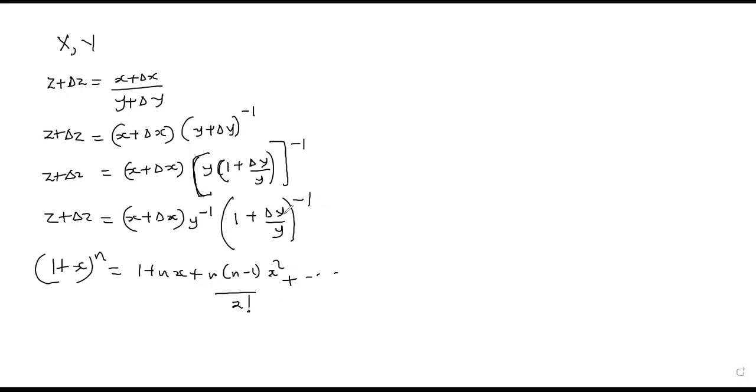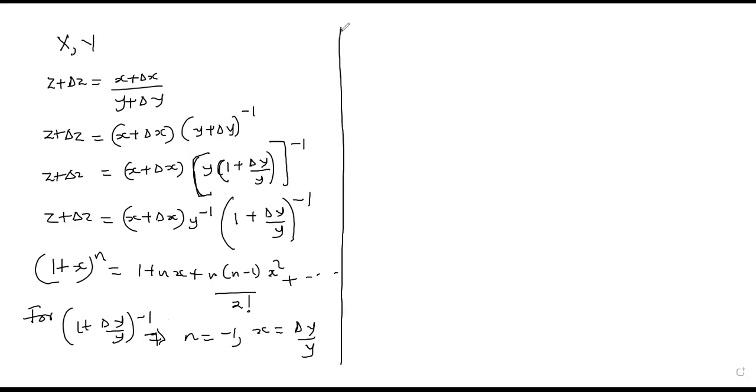But for this case, our n is -1. So if we talk about only 1 plus delta y over y to the power -1, we are going to see that our n is -1 and our x will be delta y over y, because I'm comparing this with this one.